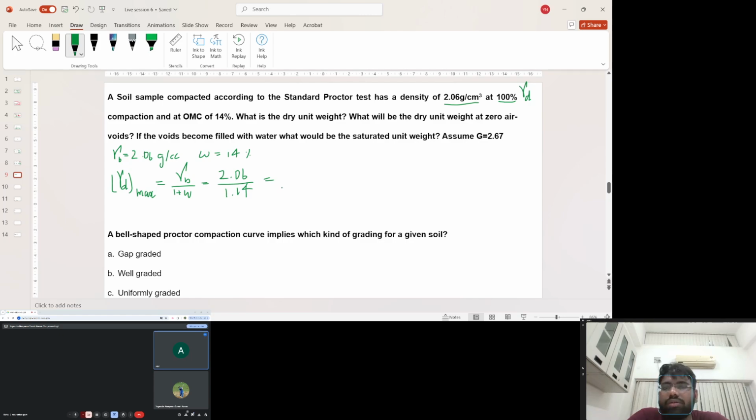You are multiplying it with 10, okay? Yes, 1.81 gram per cc. Now the second point: what will be the dry unit weight at zero air voids? So that will be gamma d equal to gamma w G divided by 1 plus wG.